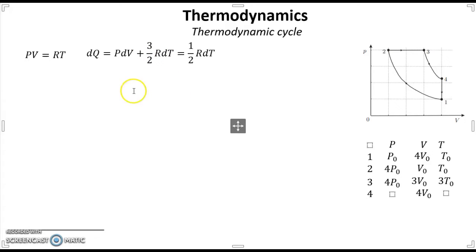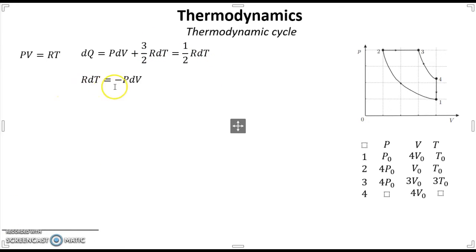And as a result, it must be equal to the heat capacity during this process, which we already know, that's 1/2 R, multiplied by dT. From this expression, we can simplify it by moving this part to the right, and that will be the easy way. This is how to find R dT during the polytropic process.